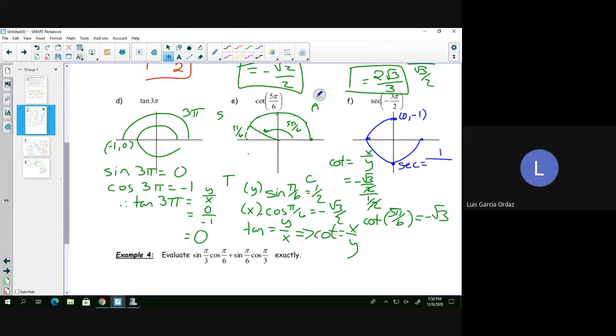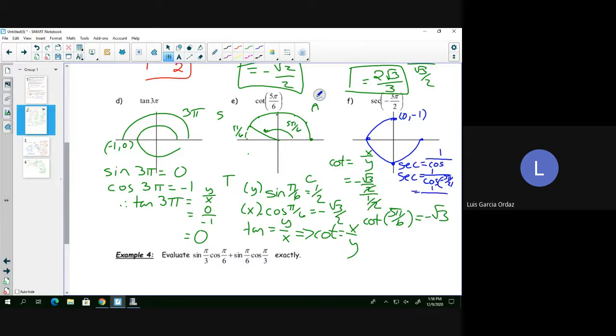So remember, secant is just equal to 1 divided by cosine. So secant is equal to 1 divided by cosine of negative 3 pi over 2.